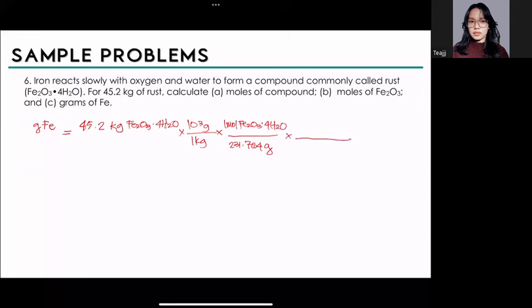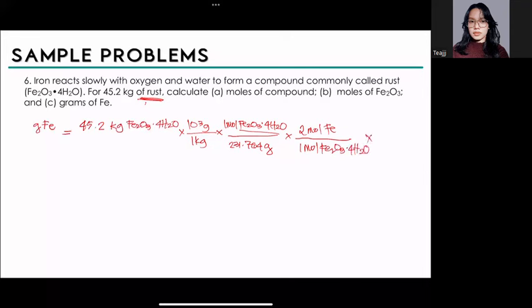Now, what we need is the molar ratio between these two. Since there is no reaction involved, right? There's no reaction involved, because only the Fe in Fe2O3 4H2O is what we're talking about. We can just look at the chemical formula. Let's see how many Fe atoms are in one mole of Fe2O3 4H2O, which we can see is 2. So now we have the number of moles of Fe.